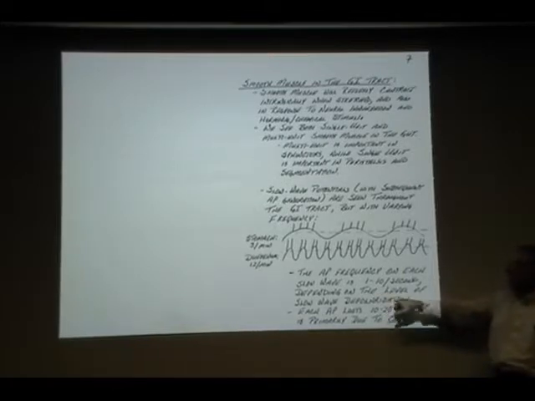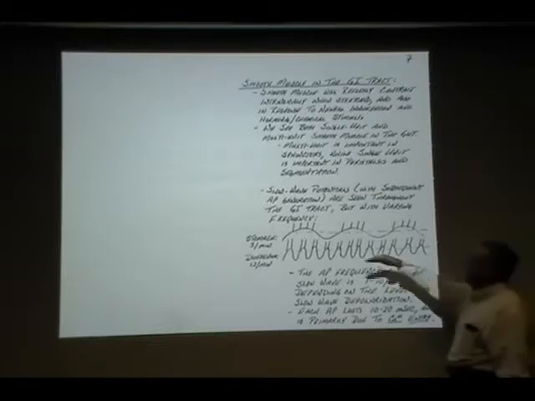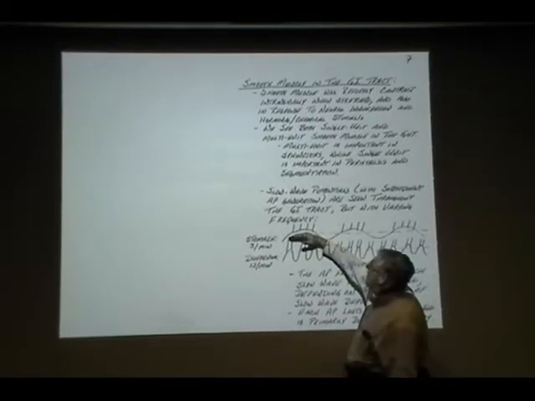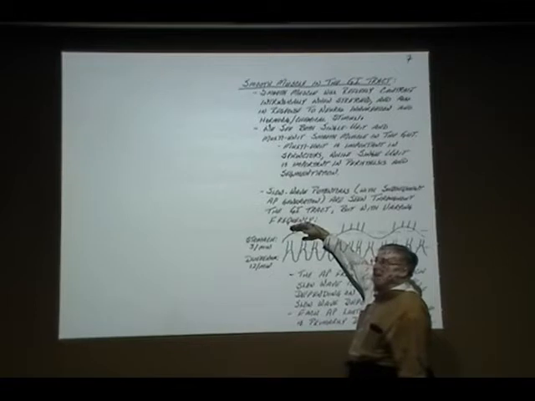So as long as you're above threshold, you're going to keep generating action potentials somewhere in that range. And then it says, depending on the level of the slow wave depolarization. So what if this slow wave actually was shifted up higher? Okay? A couple of things are going to happen. We'll see in a minute.